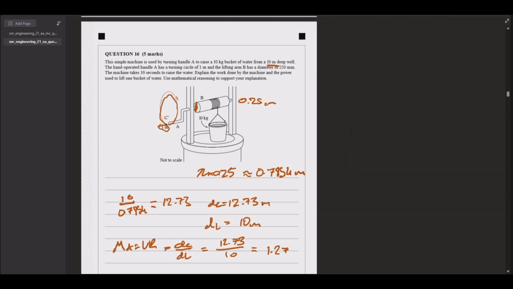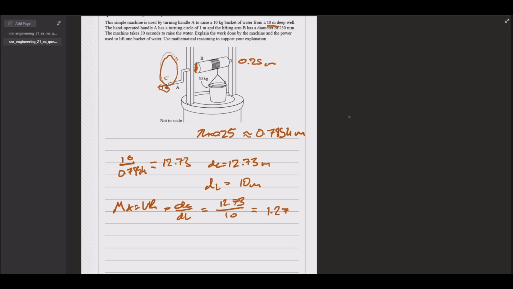And so while the mechanical advantage can increase, the work itself doesn't. It's still the same force that is being transported the same amount of distance.